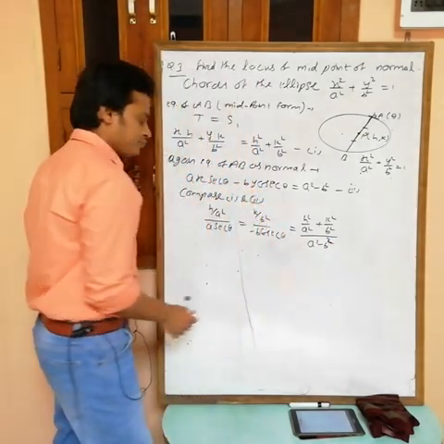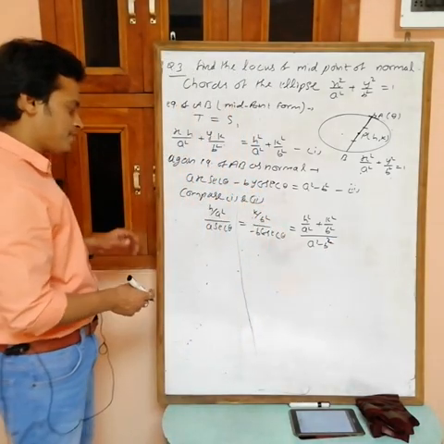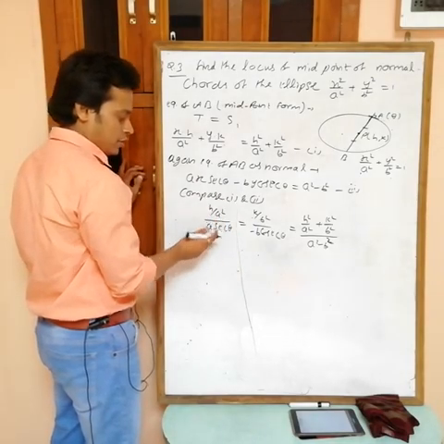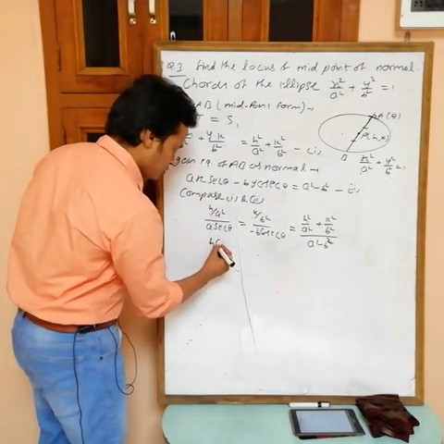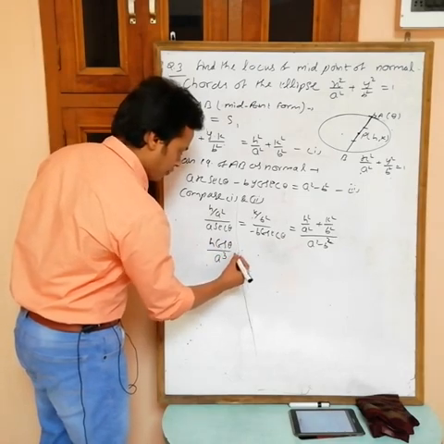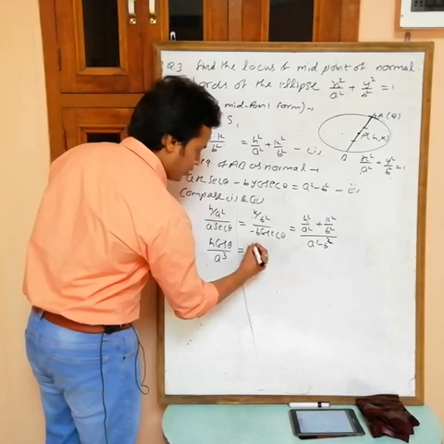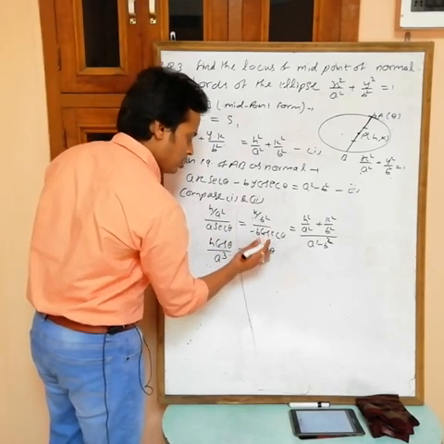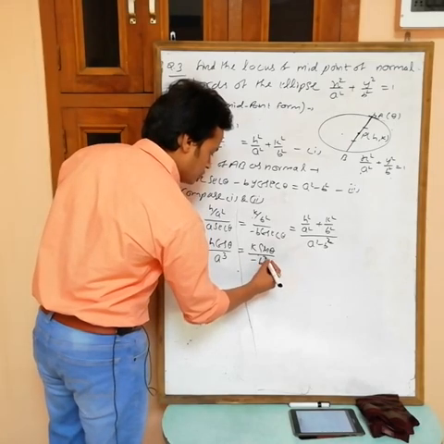Now simplify first. Sec in numerator becomes cos, a square in denominator, so you will get h cos theta by a cube. Similarly, k sin theta in numerator, and by minus b cube.